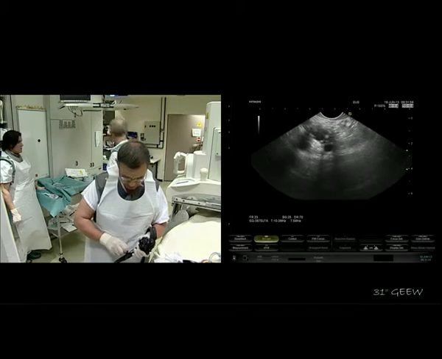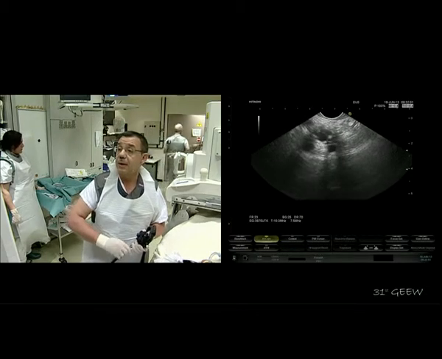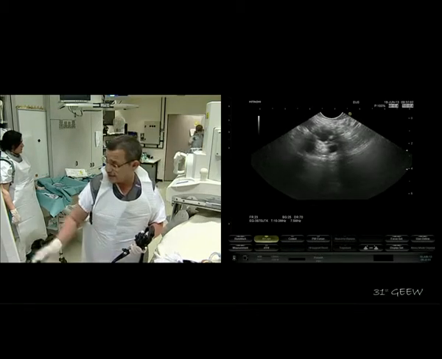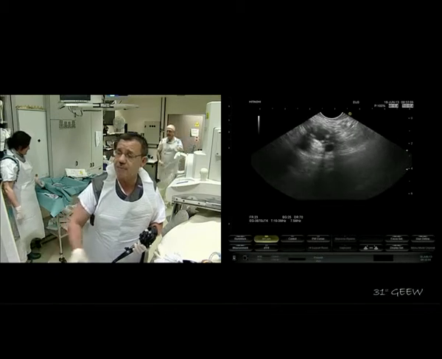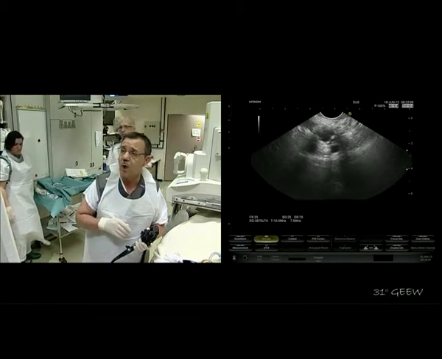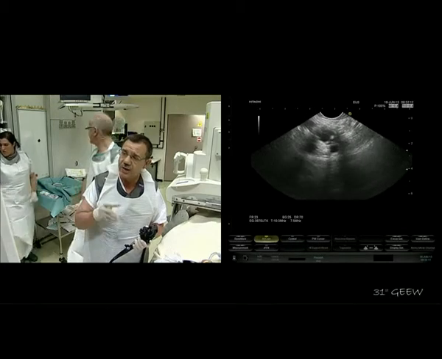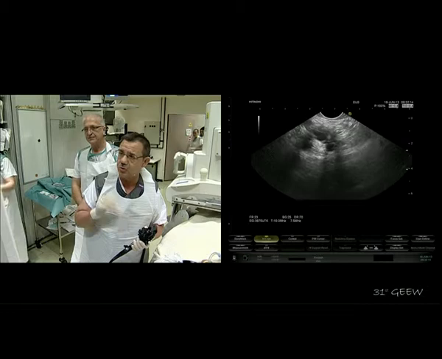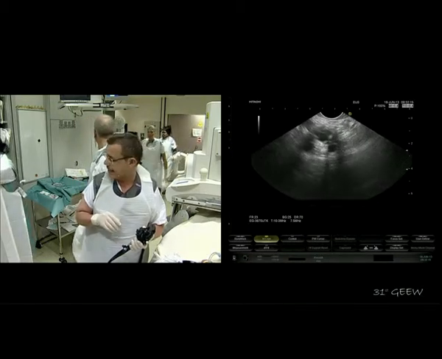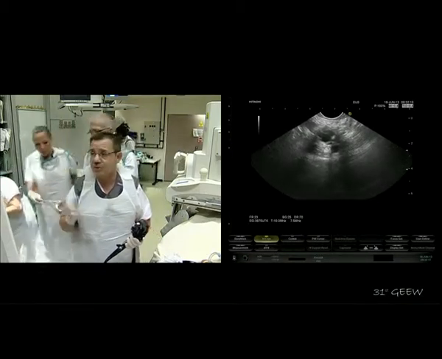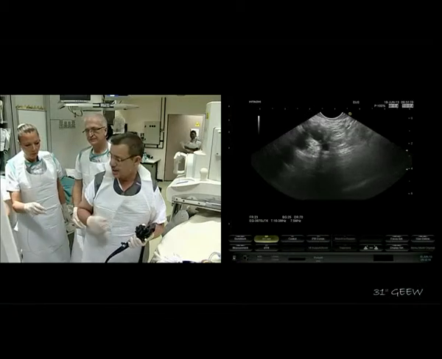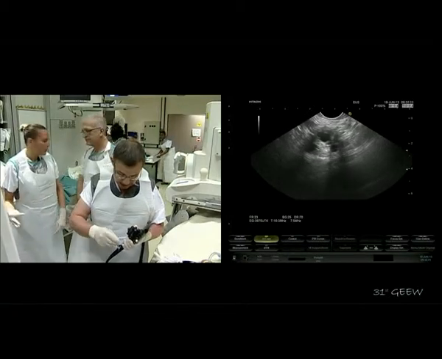So Marc, the different steps are first to obtain a pancreatogram, after to try to insert a wire as deep as possible in the duct, to create the fistula using the cystostome, and to leave in place a straight plastic stent of 7 or 5 French.